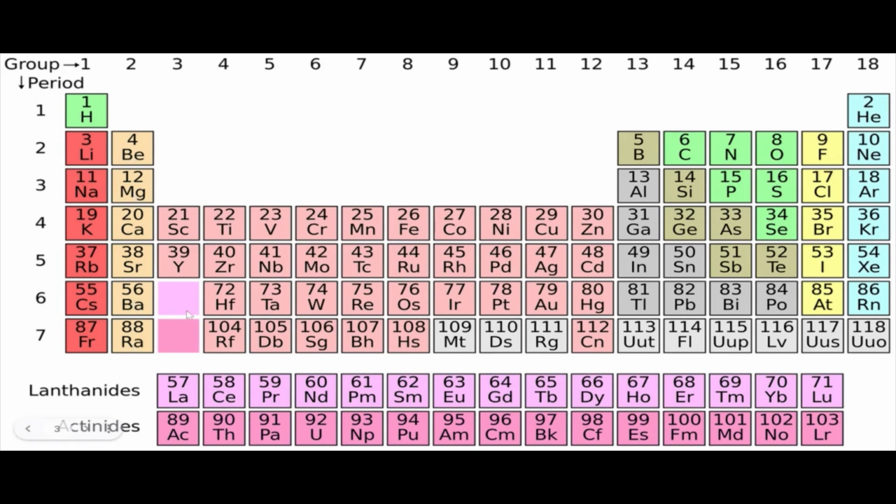And if you look at those 2 empty boxes, those are where the lanthanides and actinides are supposed to go in. So the lanthanides are elements 57 to 71, and actinides are the elements from 89 to 103. Some major trends in the periodic table are electronegativity, ionization energy, electron affinity, and atomic radius, but that is a topic for another video.